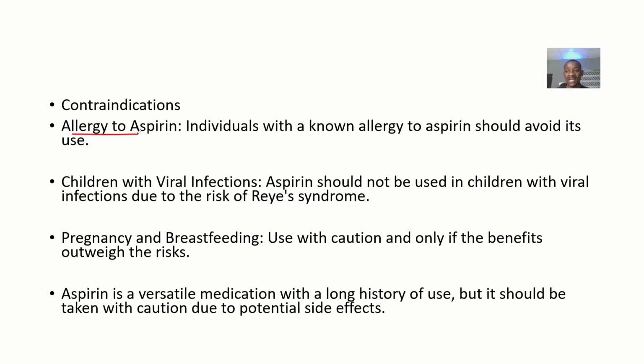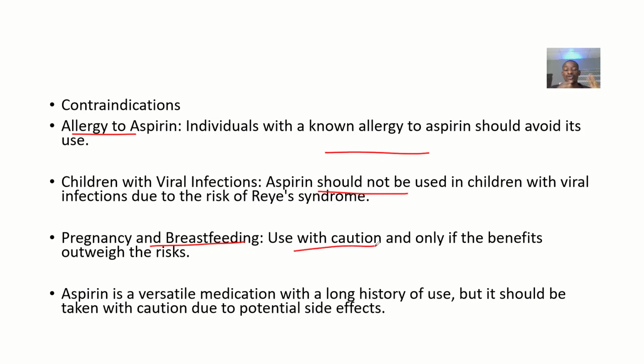If the individual has an allergy to aspirin, so you take drug history when communicating with the patient. Individuals with an allergy to aspirin should avoid its use. Aspirin should not be used in children with viral infections due to the risk of Reye's syndrome. Pregnancy and breastfeeding: use with caution, only if the benefit outweighs the risks.